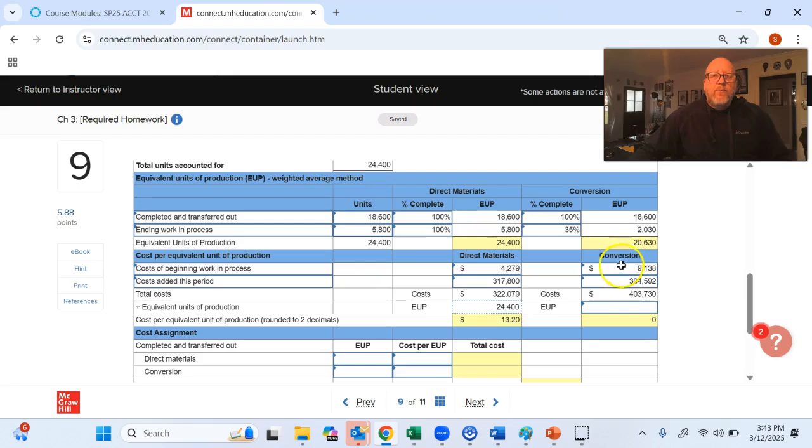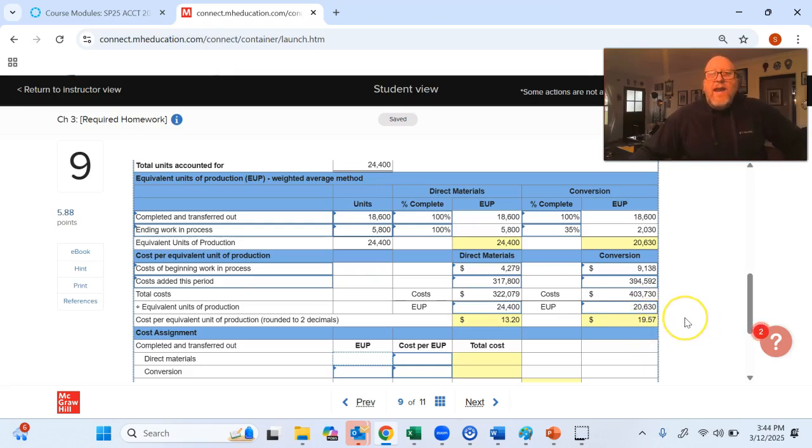Now we could do the same thing with conversion costs, right? We said the equivalent units of production in step 2 was 20,630. And then we've got $19.57. And that is the function of all costs with respect to conversion, 403,730, divided by the equivalent 20,630 completed units for a total of $19.57.